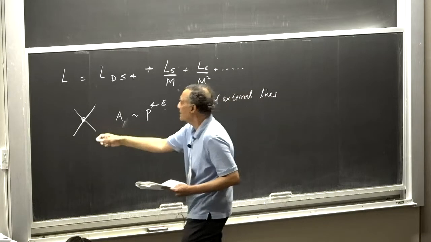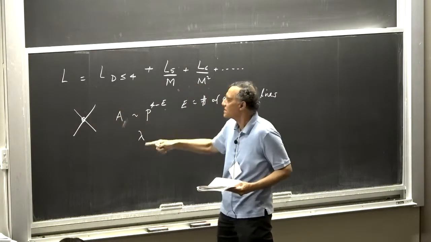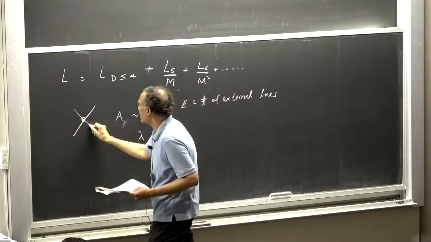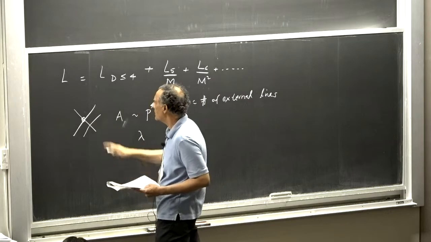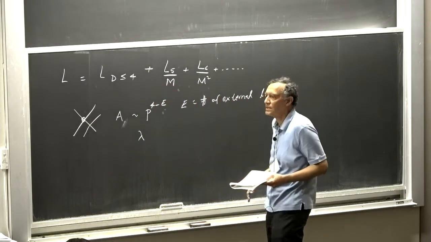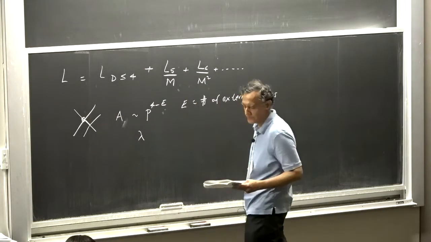So here, this amplitude would be lambda, and there are 4 external lines, and so that would be p to the 0. And if you have some more complicated amplitude like this with whatever, 1, 2, 6 external lines, it would go like 1 over p squared and so on. Basically 1 over p squared because there's a 1 over p squared from this propagator.